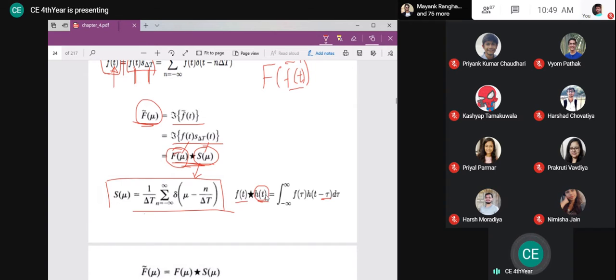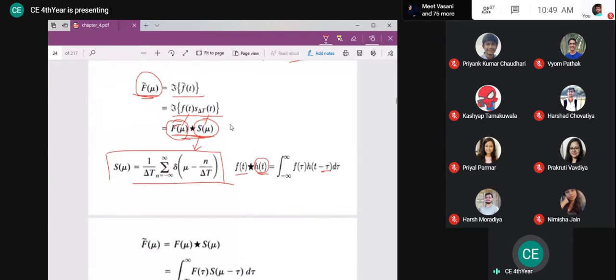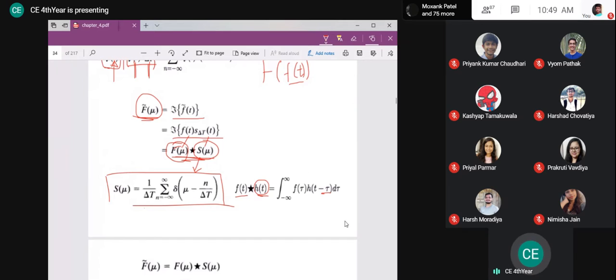Integration should be done from minus infinity to plus infinity. So if I want to find the convolution of this, just use the same definition.